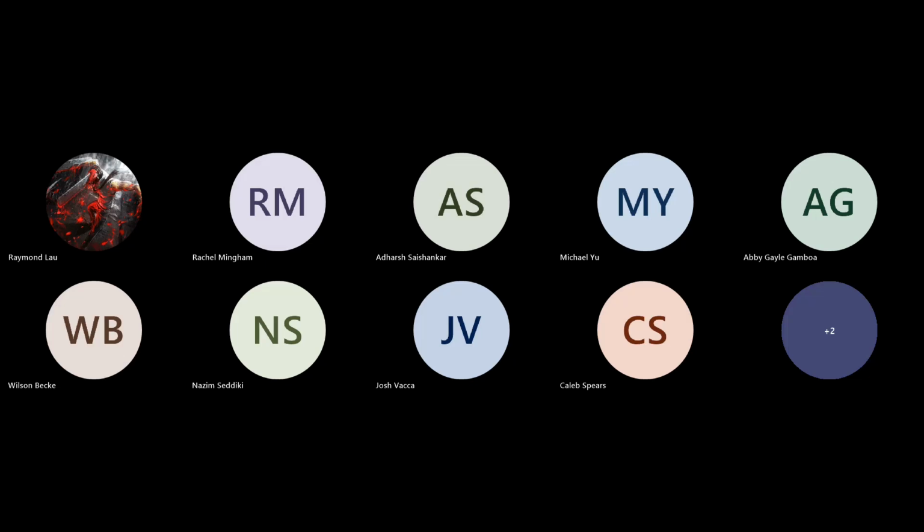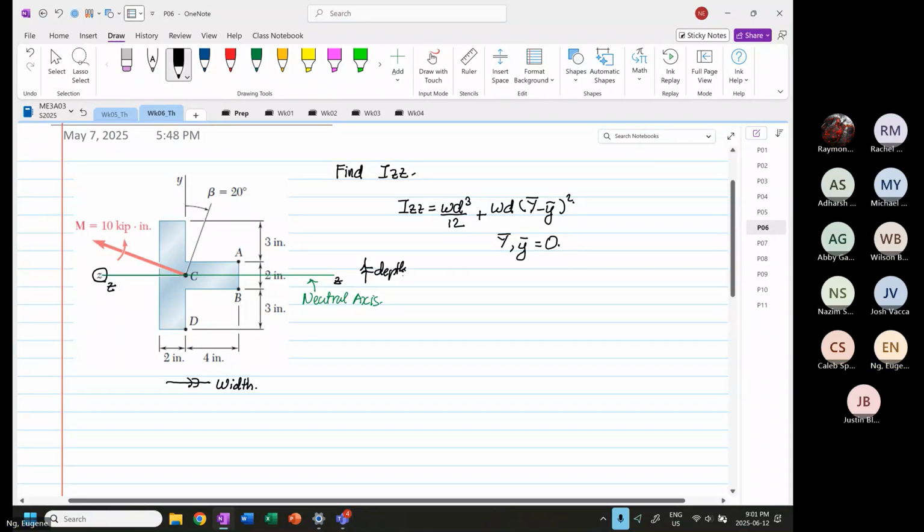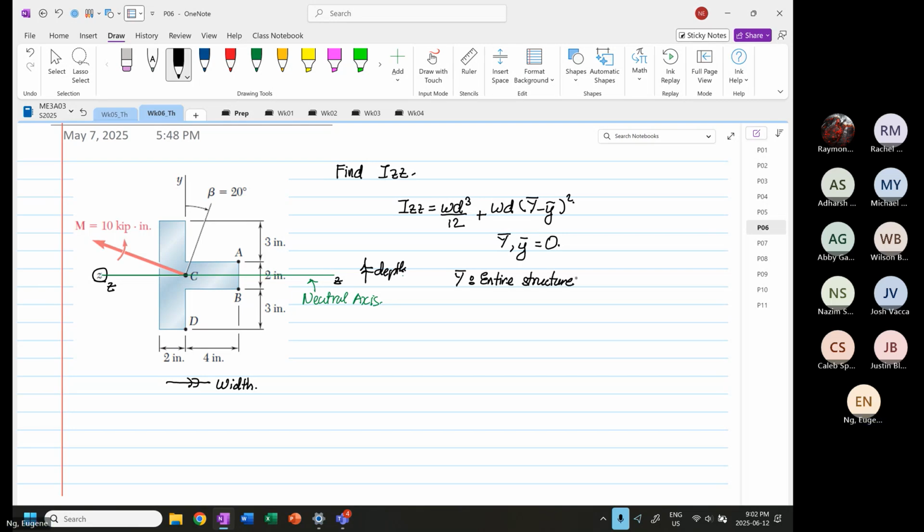The small y bar means the entire structure neutral axis. No, sorry, I should not call it neutral axis. I do apologize, okay?